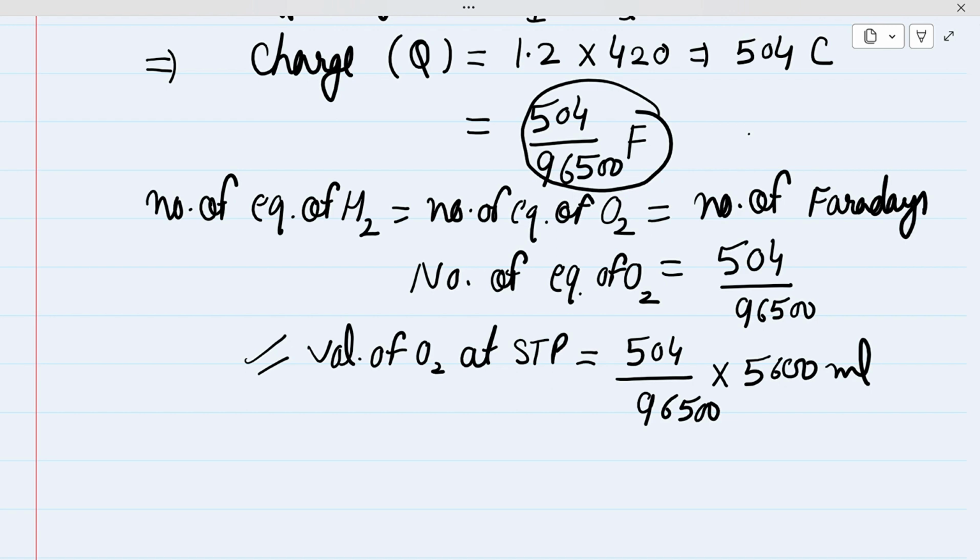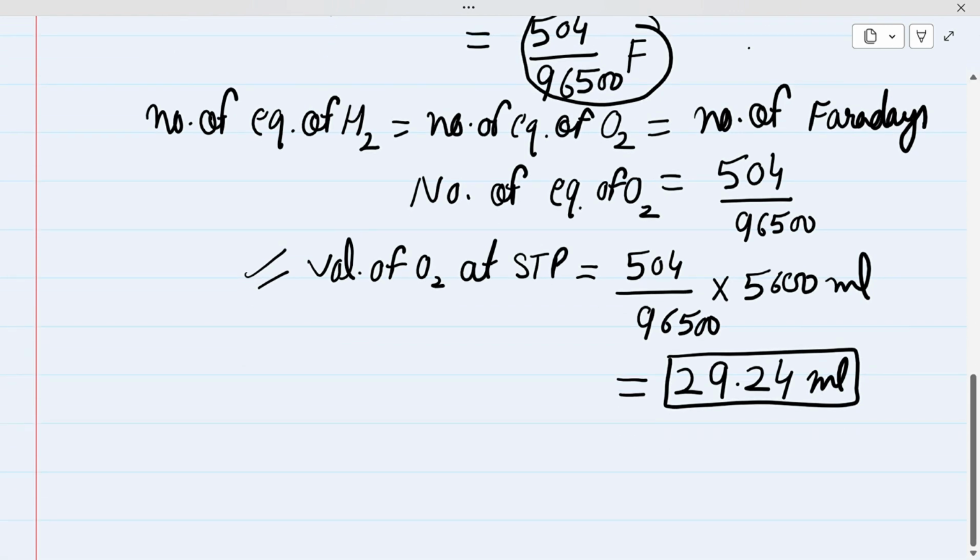So the volume of O2 will be equal to 29.24 ml. That is the volume of O2 in the second stage.